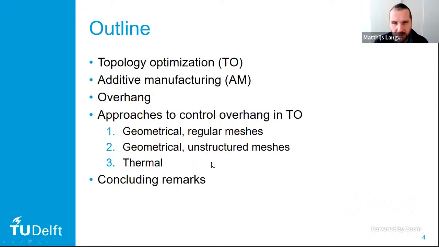So we'll talk first about a geometrical approach that is basically devised for regular meshes, then an extension of that to arbitrary meshes, and finally a physics-based overhang approach, you could say, and at the end some conclusions.